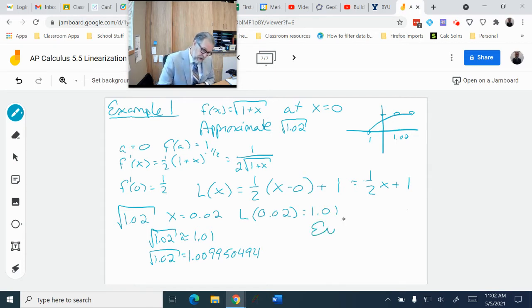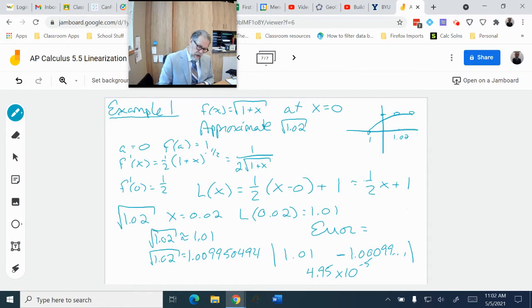And here's how we find the error. Error equals the absolute value of the difference between the two numbers. So the absolute value of 1.01 minus 1.0099... and what we get is 4.95 times 10 to the negative 5.